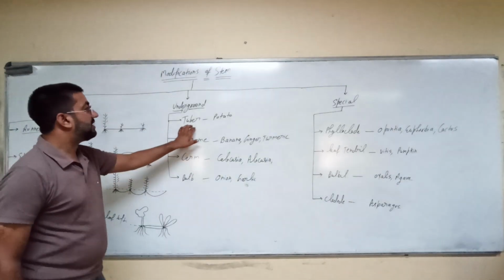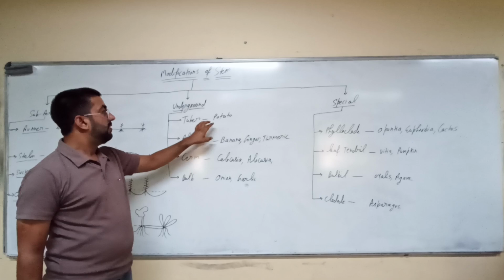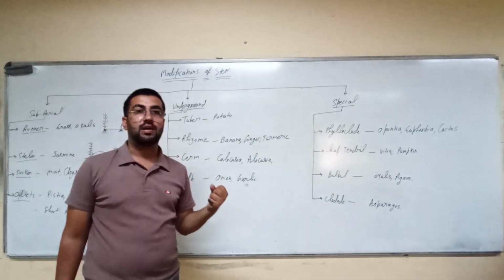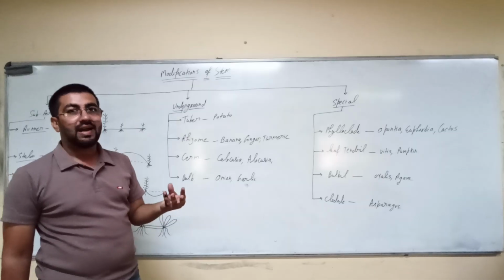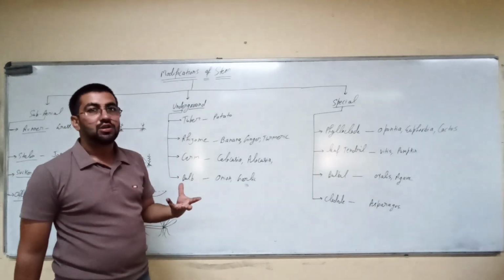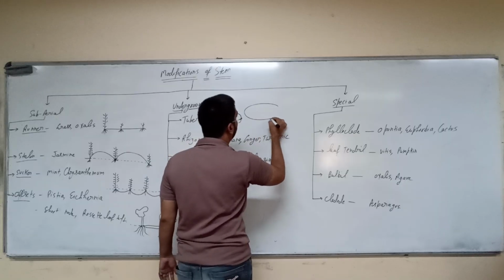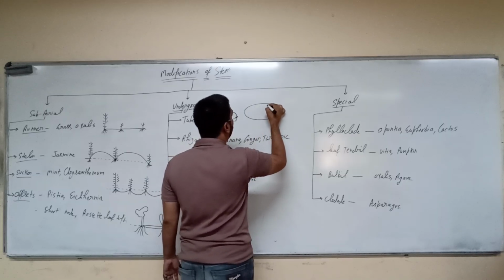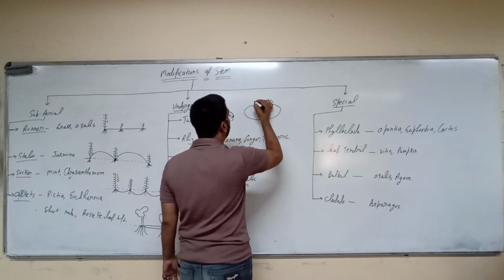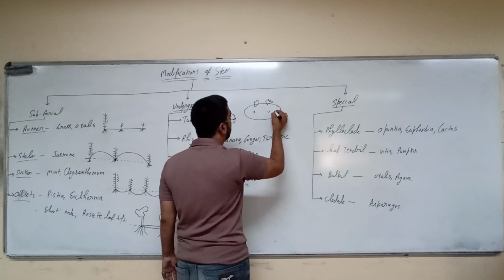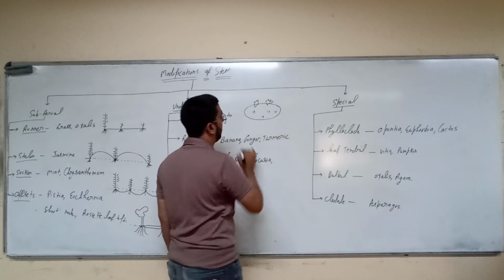Next one, what is a tuber? At the tip of the underground stem, the stem gets swollen. They have small bud-like structures, small eyes.